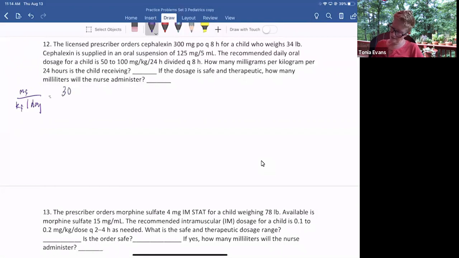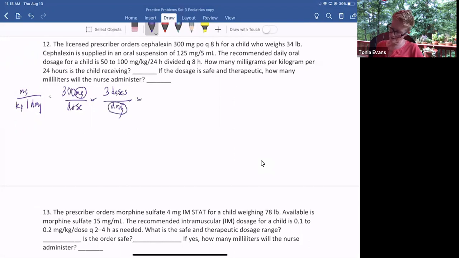Well, we're getting 300 milligrams per dose. And I need to get rid of dose, and I need day in the denominator. So I'm going to put for Q8 hours, so if we're getting 3 doses per day, right? So that gives us day, cancels out doses.